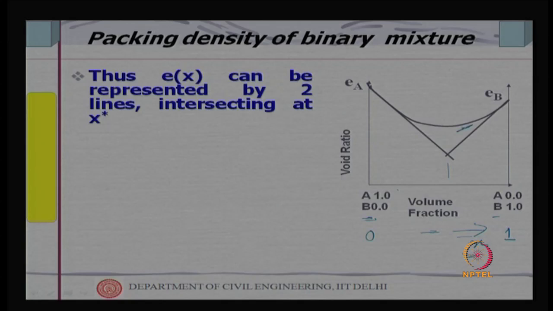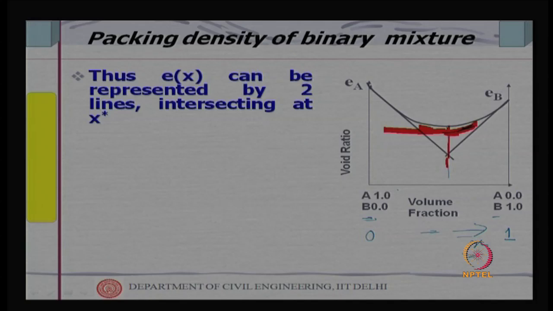Because of this behavior, where packing gets disturbed, we call it particle interference. When you put another particle, it will interfere with the original system, and thus the curve never remains a straight line; rather it tends to become curvilinear, and the void ratio is much higher than what you would have got for the ideal case.